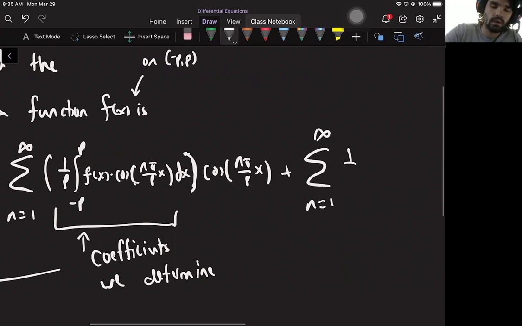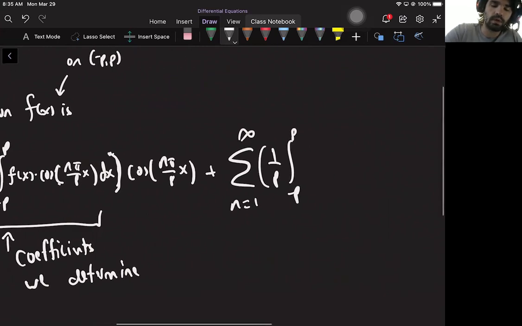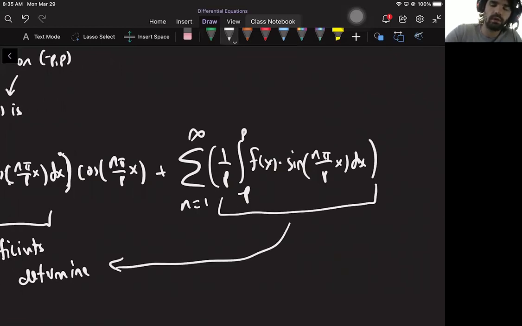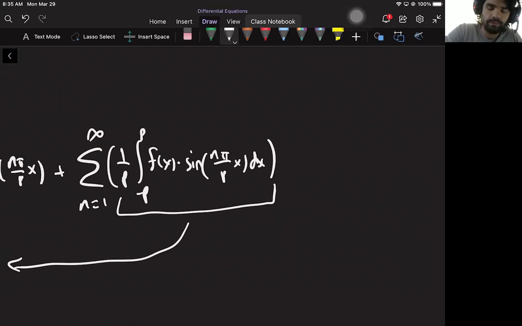That looks exactly the same except with sines, so it's easy to remember if you just remember one of them. So these are the coefficients of each term in the sum, and then the thing that each coefficient has been multiplied by. Oops, it should be sine, sorry.